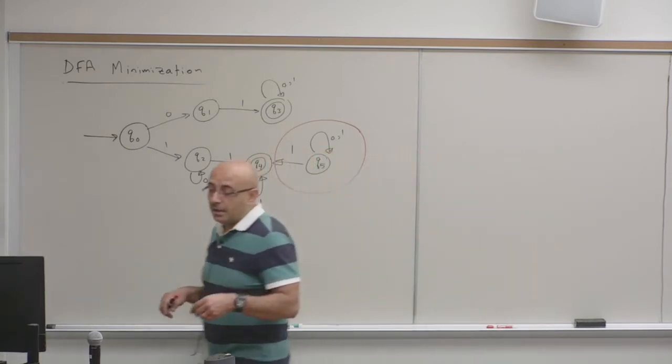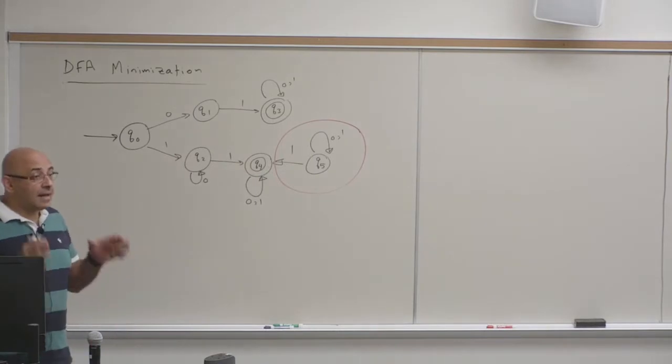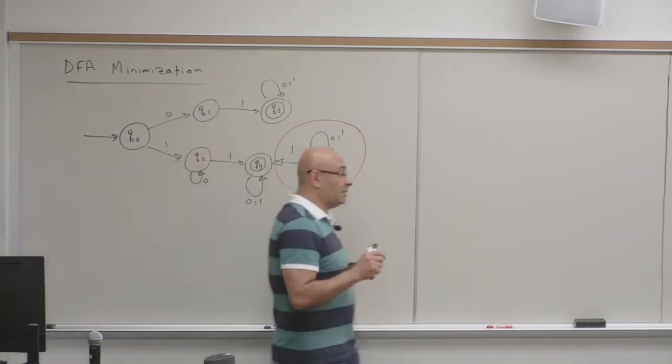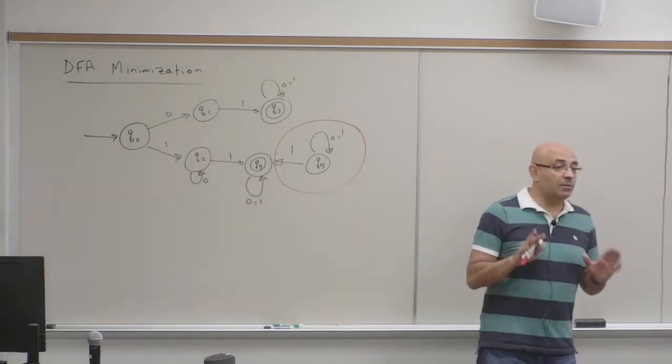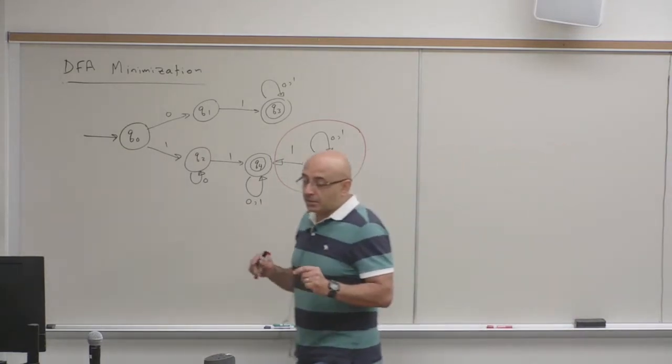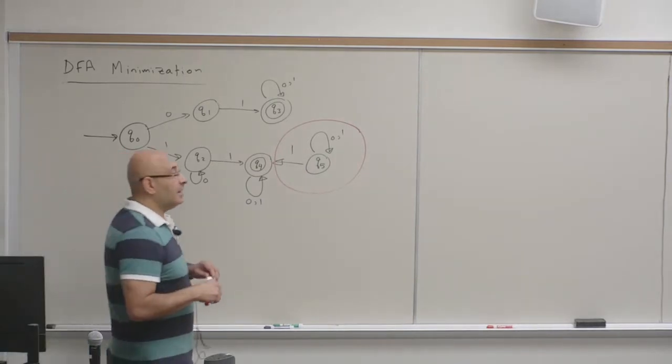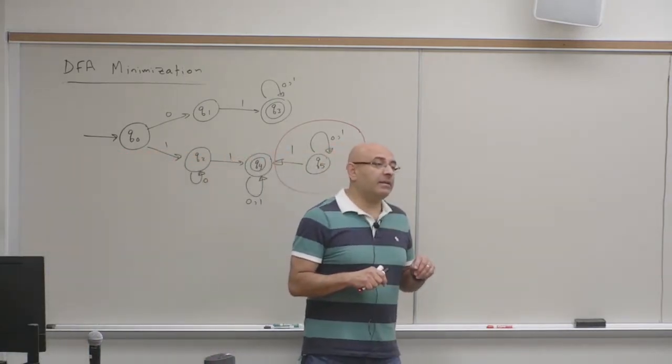That's if we do it the way we studied it in this course. Like I said, there is a way of doing the conversion from an NFA to a DFA without creating unreachable states.